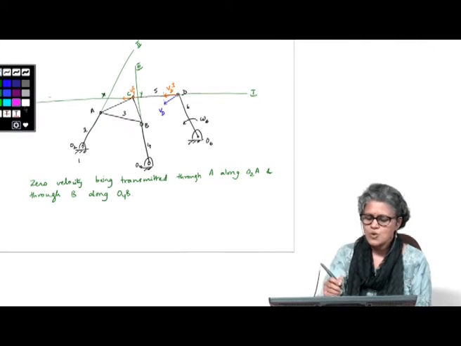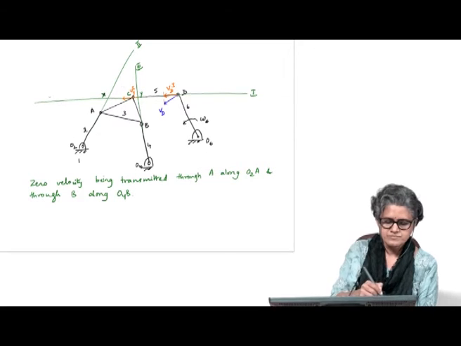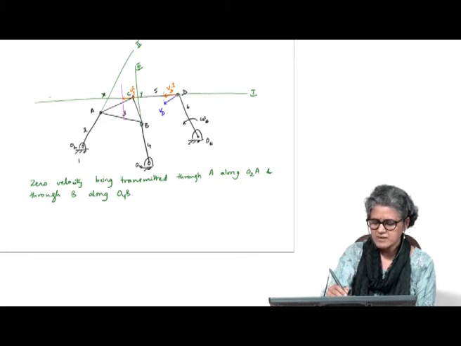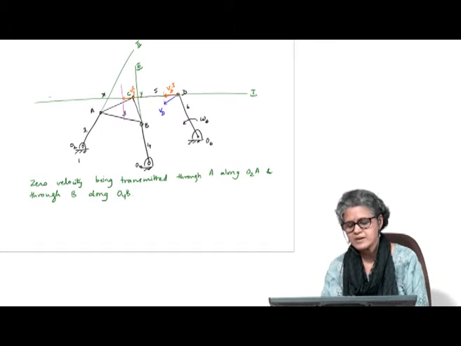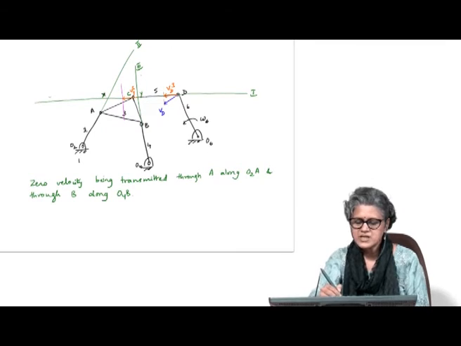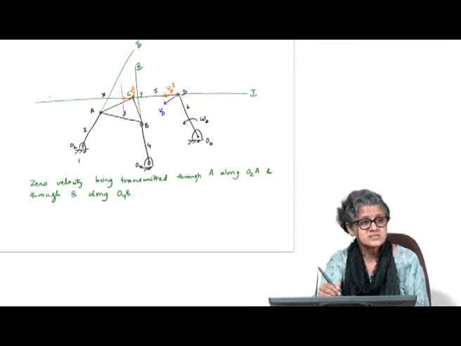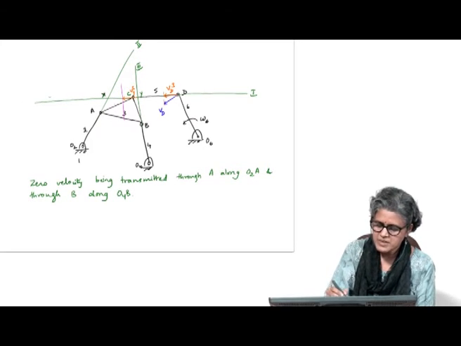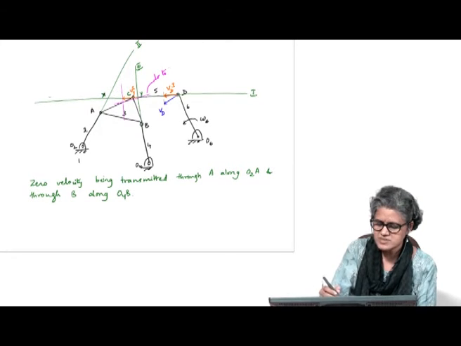So one perpendicular for the velocity of Y will be perpendicular to this. The other velocity that's being transmitted is 0, which means the other perpendicular will be perpendicular to the line 3, right?